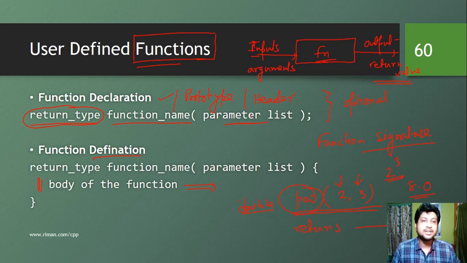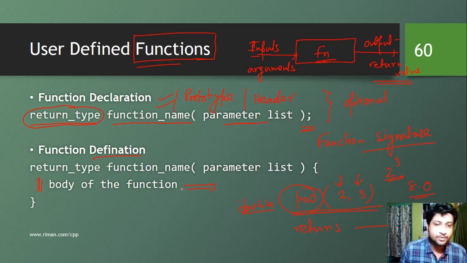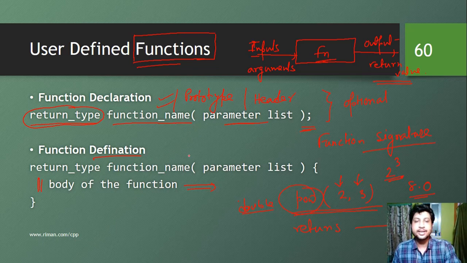It is similar to the function declaration, but note that the function declaration ends with a semicolon, whereas a function definition starts with a brace and ends with a brace, and inside that we have the function body or the block of the function, where the statements are going to be executed whenever this function is being called. Now take a look at the example.